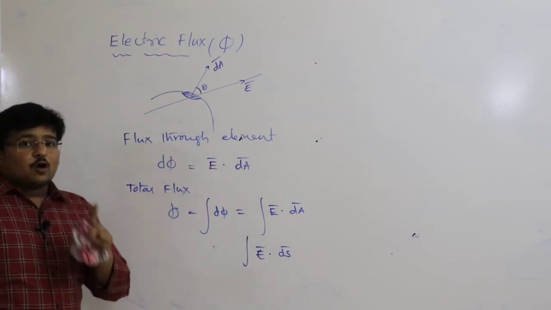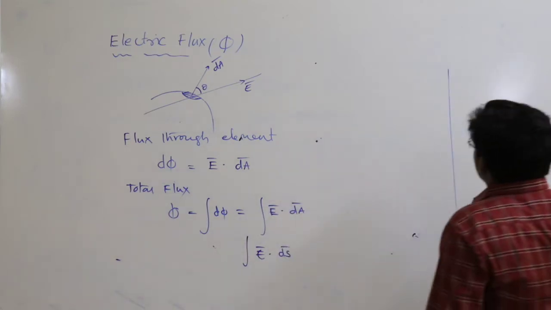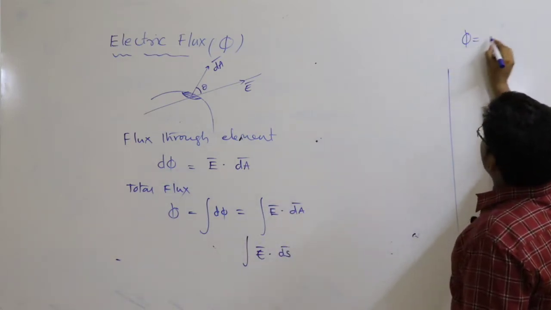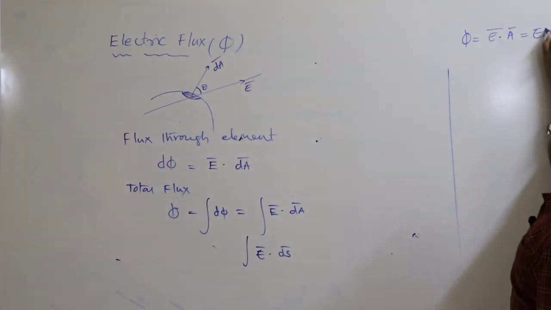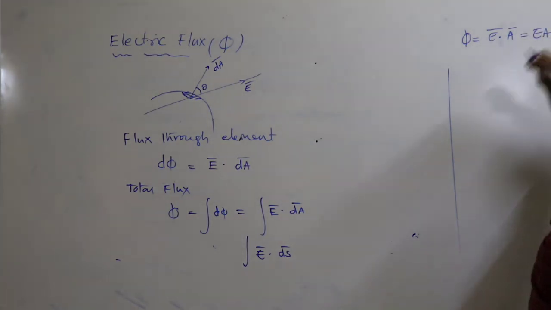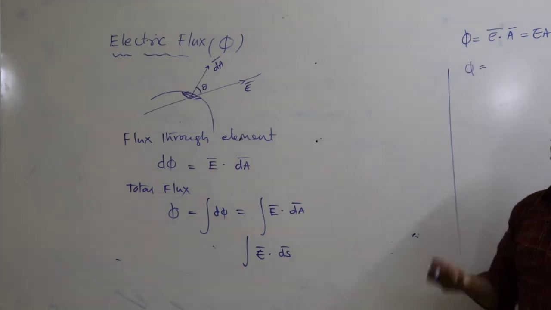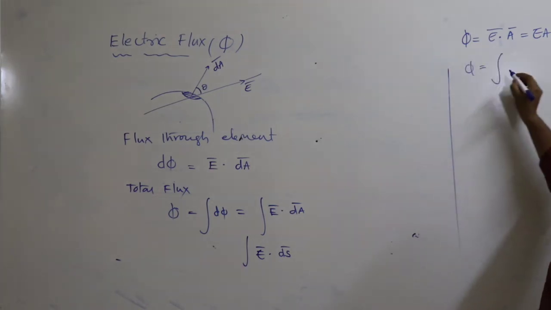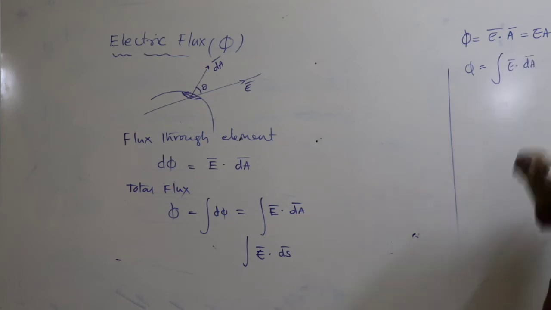So now how many formulas did we get? We got the flux formula E bar dot A bar or EA cos theta, and if it is a continuous body, integration of E bar dot dA bar.